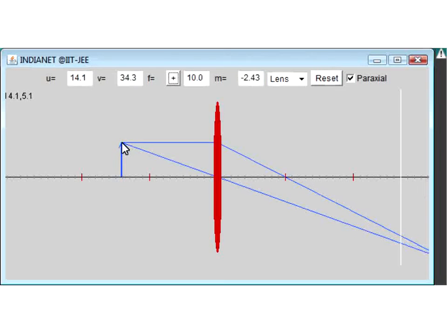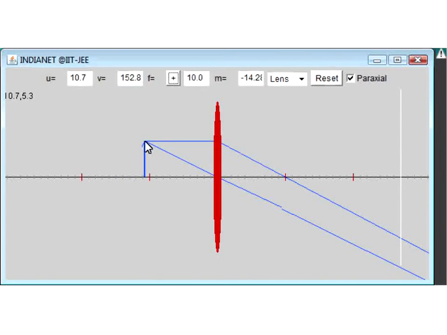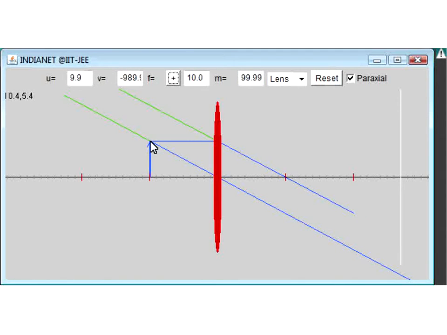Imagine what will be the size near F. And at F, it's infinity, and some inversion takes place.